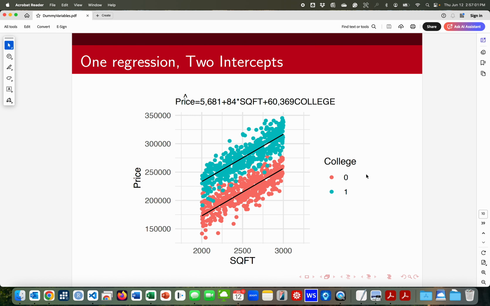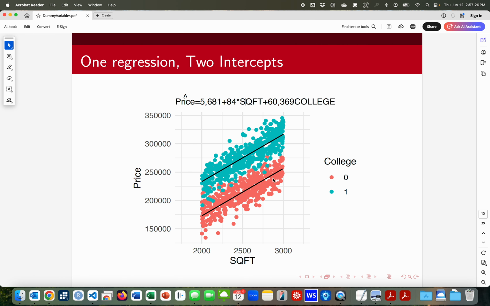notice we get two estimated lines. So for homes that are not in a college town, so if college equals 0, all of this goes away. So the estimated regression equation, the line that we use to make our predictions for homes not in a college town, is $5,681 plus 84 times square foot.